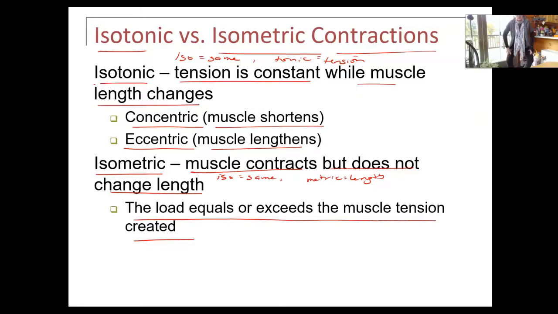I'm contracting and shortening to get back up: concentric contraction. So isotonic to get down, holding, isometric, isotonic to get up. Eccentric to get down, isometric to hold, concentric to get up.